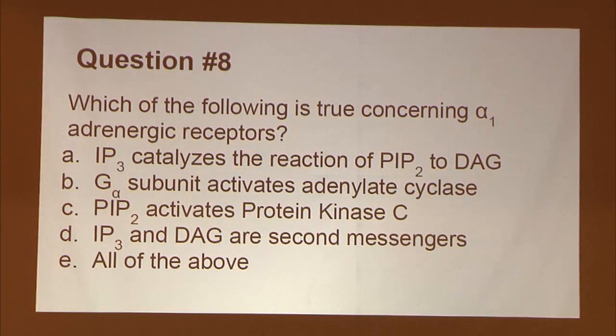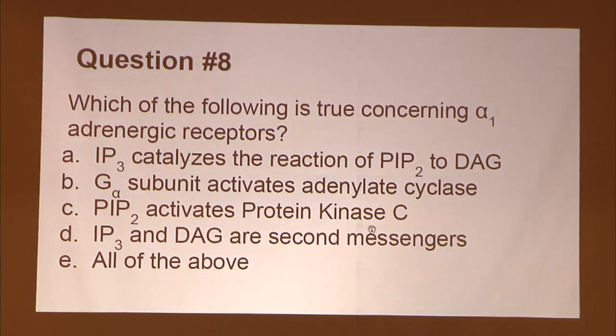Question 8 says, which of the following is true concerning alpha-1 adrenergic receptors? A says IP3 catalyzes the reaction of PIP2 to DAG, which is not true because PIP2 is the one that's catalyzing the reaction, and we're creating IP3 and DAG. So A is not good. B says the G-alpha subunit activates adenylate cyclase, and we actually haven't talked about adenylate cyclase yet, so this is not true either.